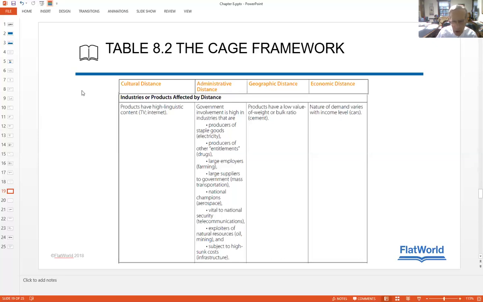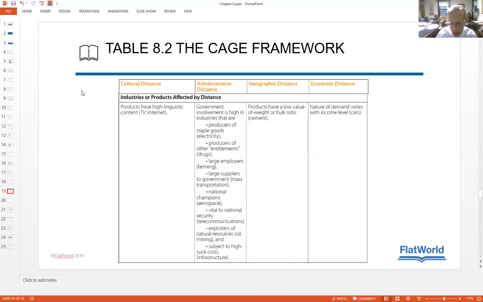So after a while, the cost of transporting cement becomes greater than the value of the cement itself. So you just can't really do much business across borders with cement. In other cases, the product could be perishable. Food products come immediately to mind.